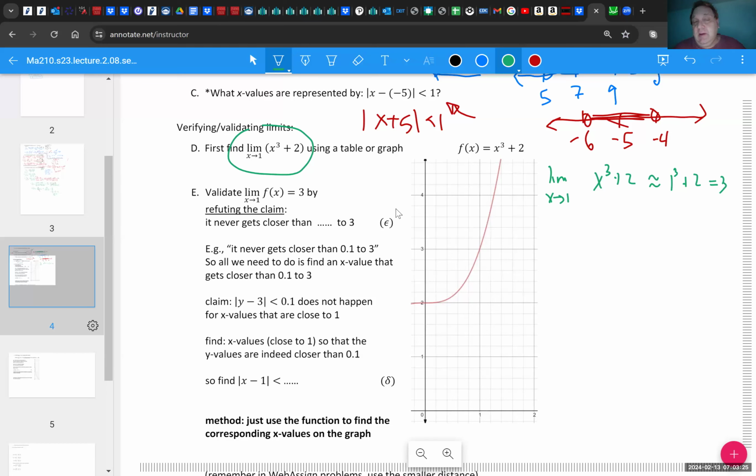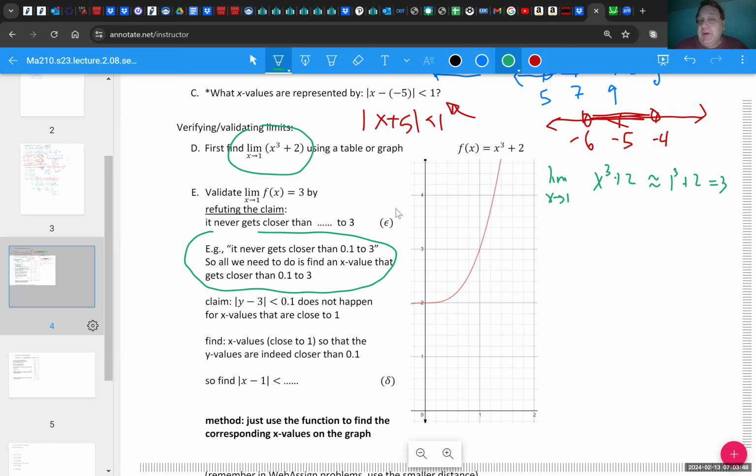Suppose our doubter says that it never gets closer than 0.1 to 3. So maybe it gets to 0.29, but it doesn't get any bigger than 0.9. So we're going to refute that claim. We're going to refute the claim that it never gets closer than 0.1 to 3. All we need to do is find an x value where it's closer than 0.1 from 3.